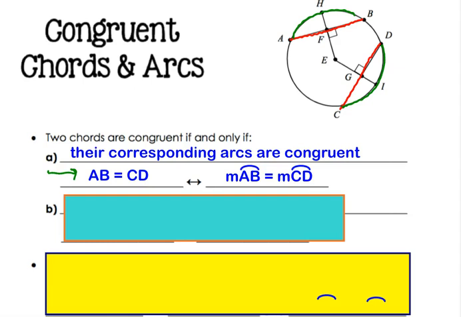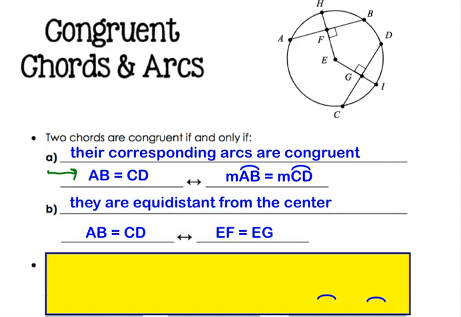Or it could go the other way. If I know that the chords are equal, so if I know AB is equal to CD, then I would know that my arcs would also be the same. Okay? So if they look congruent, they probably are. That's kind of what you can think to yourself.